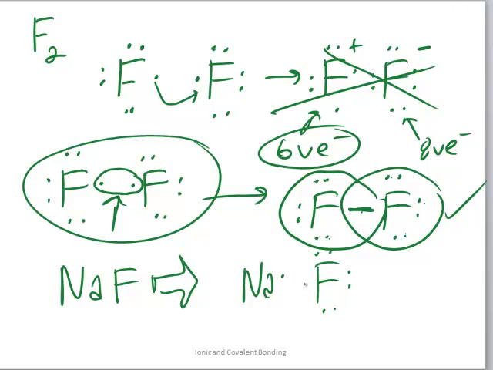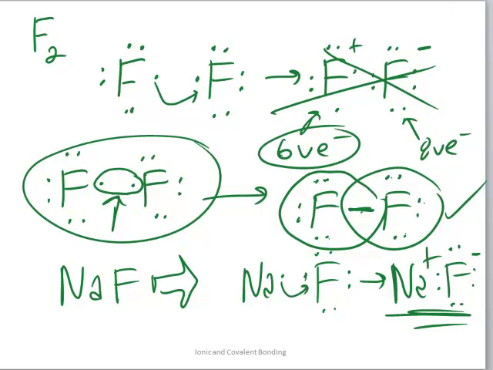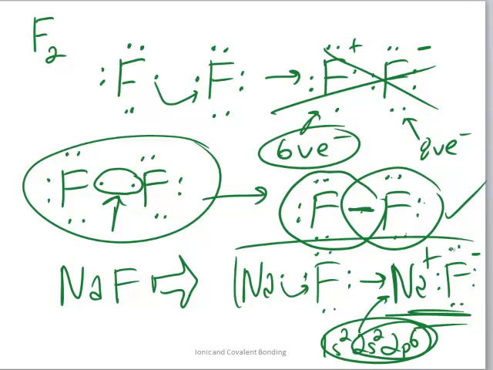So it turns out in this case that if sodium gives up its 1 valence electron to form a cation, and fluorine gains that valence electron to form the anion, this will form a stable ionic compound, because remember, if sodium loses that 1 valence electron, it goes down to a 1s2, 2s2, 2p6 electron configuration with 8 valence electrons. So this turns out to be the best way to achieve the octet rule for both atoms, and that is, of course, through transfer of electrons and an ionic bond.